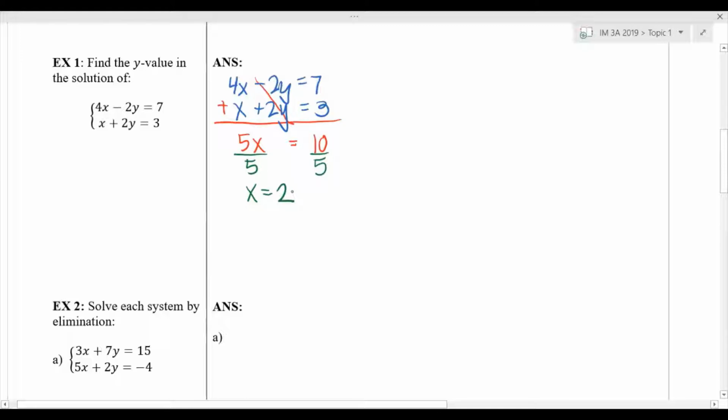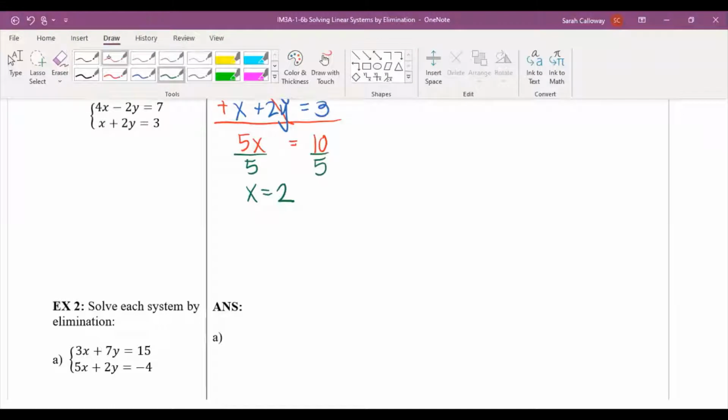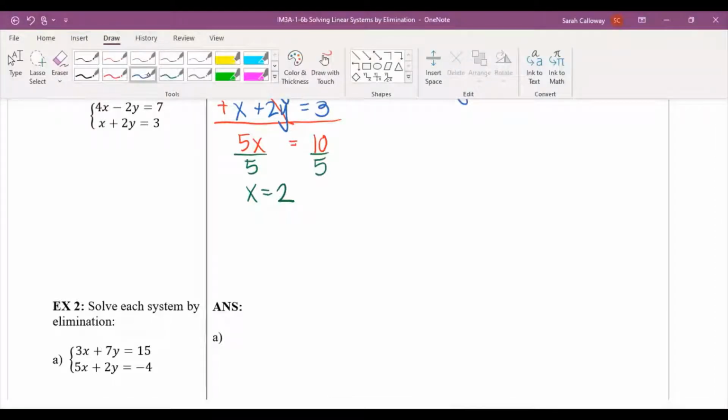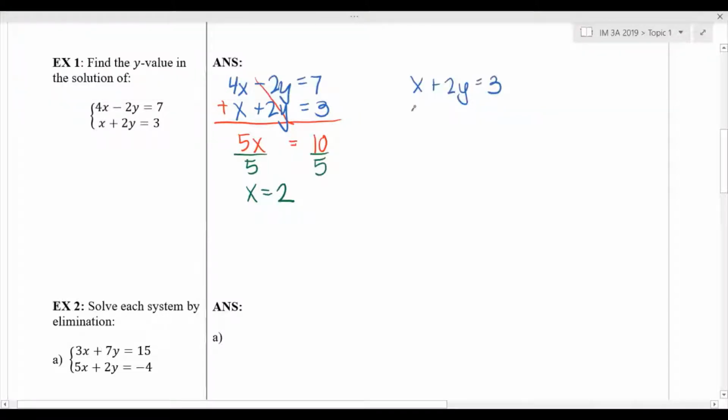And so now I can solve for y by substituting my value for x into either of the two equations. So let's just start with the one with fewer numbers. Okay, so we've got this x plus 2y equals 3. And so we are going to substitute our 2 for x into that equation.